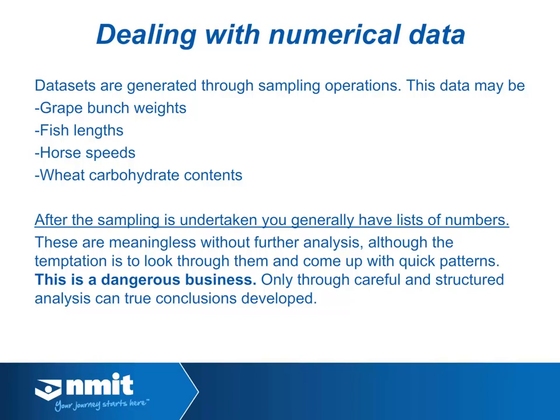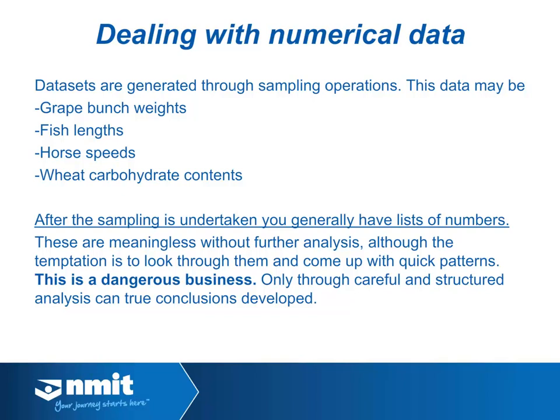So really what we have there is a whole lot of numerical data which happens to be divided up into categories from categorical variables. So for the next little while we'll concentrate on this numerical data. And this may be data to do with grape bunch weights, fish lengths, the speed of horses, they're listed there, wheat carbohydrate content, anything along those lines.